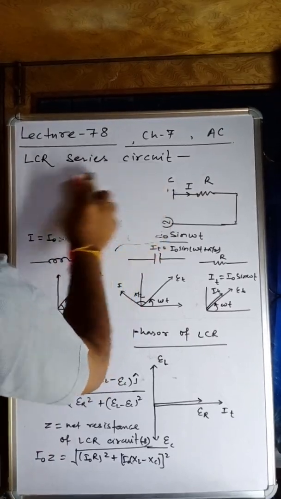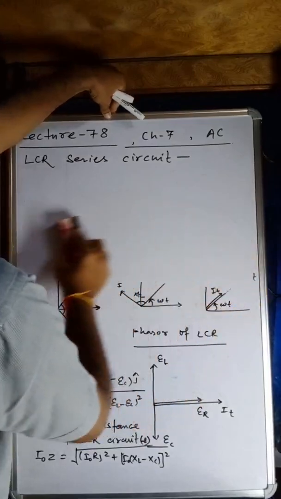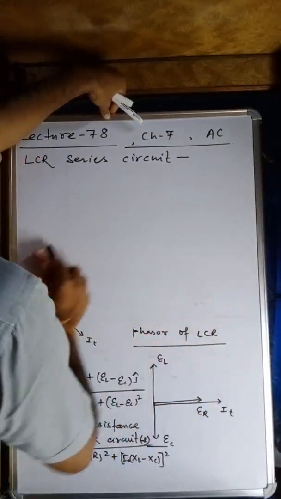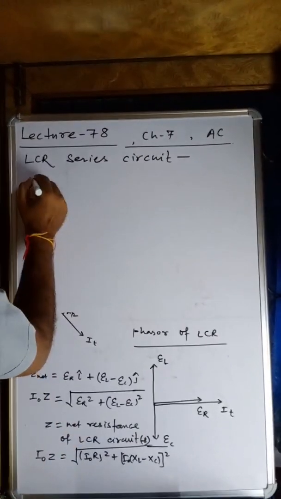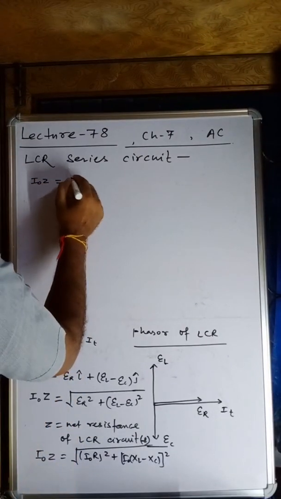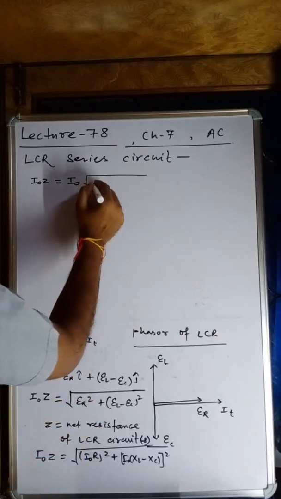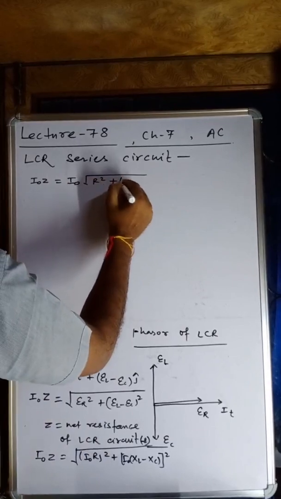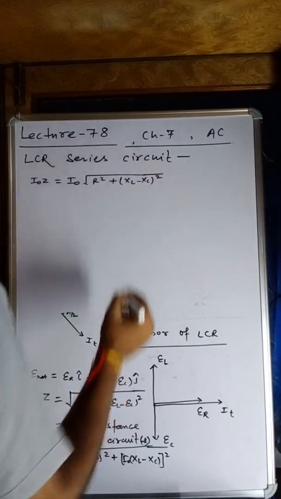So we will have the equation. Let me write this one, my dear students. This is not very tough, it's very simple. I naught Z is equal to I naught taken out, root under R square plus (XL minus XC) whole square.